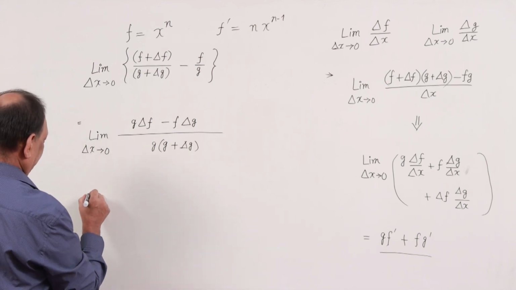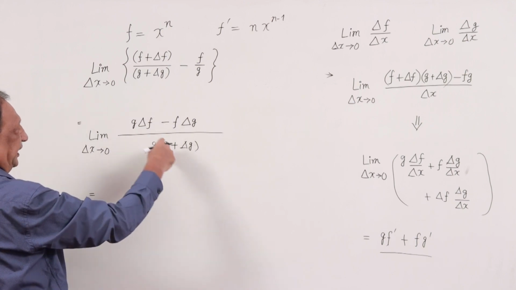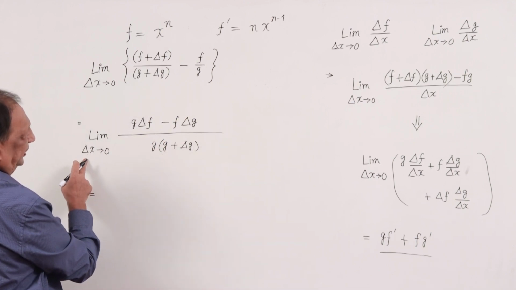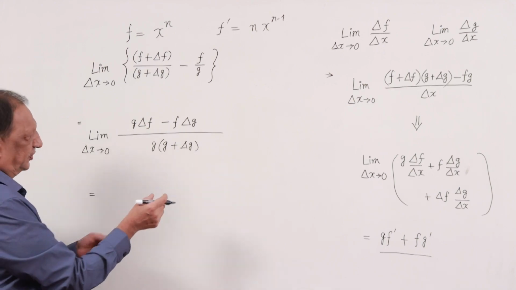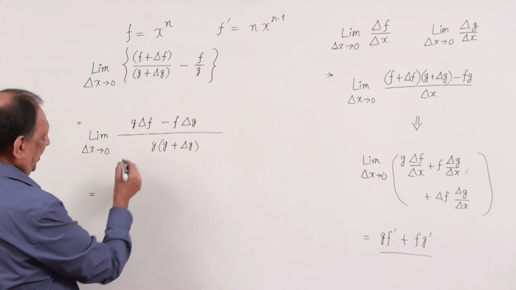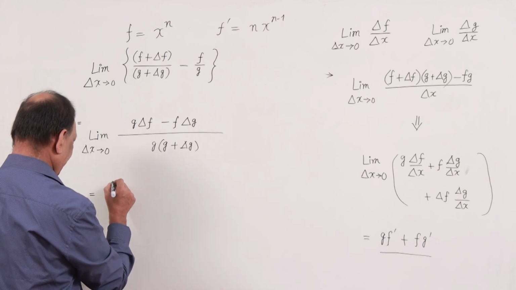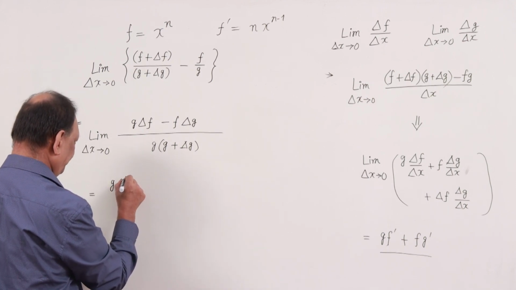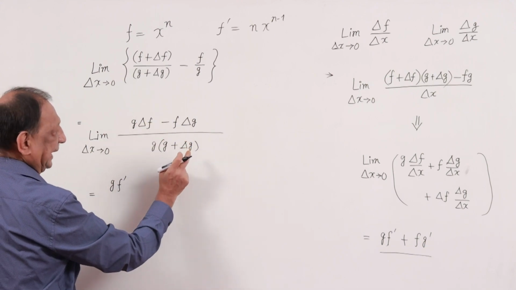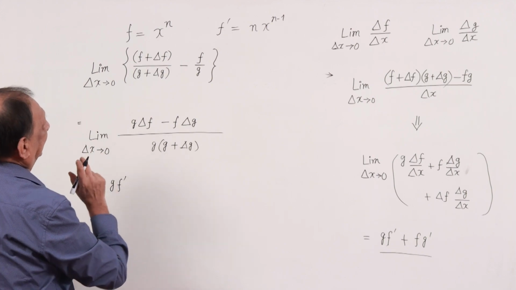Simple enough. Now we take the individual terms and then write down the answer. When delta x goes to 0, delta f and delta g both tend to 0, so the denominator is going to become g square. So no problem. So I would get g f prime. The first term will be delta f by delta x.